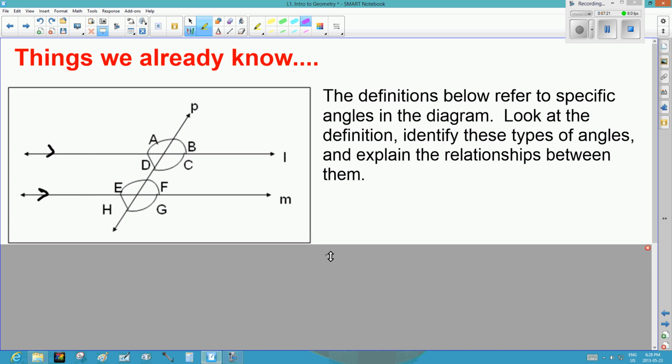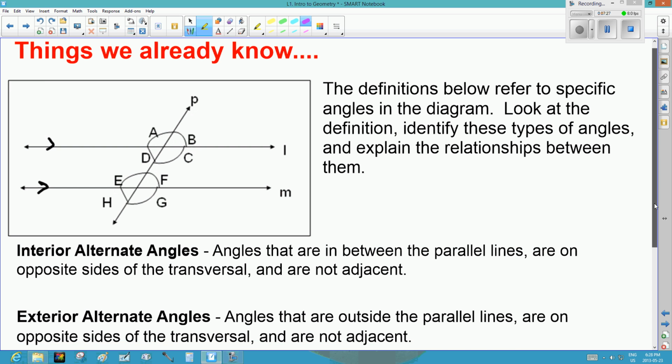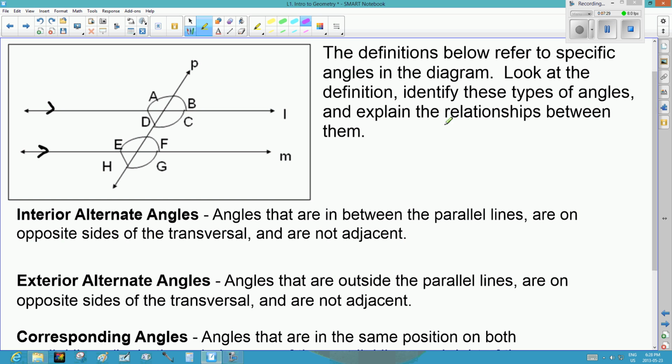Now I want to look at some definitions. What do we call these angles that are equal to each other? We have interior alternate angles. These are angles that are in between the parallel lines, on opposite sides of the transversal, and not adjacent.